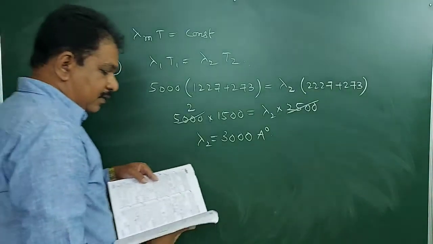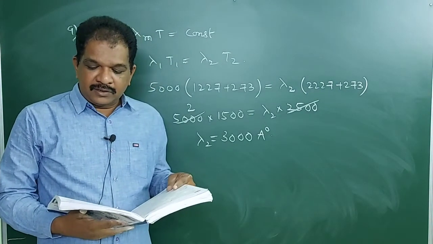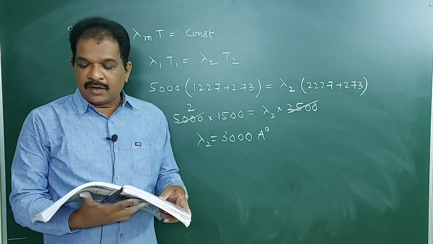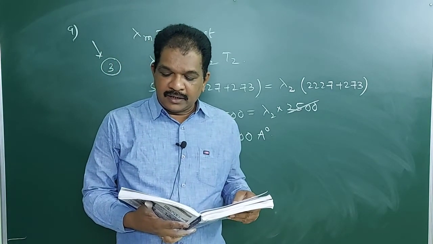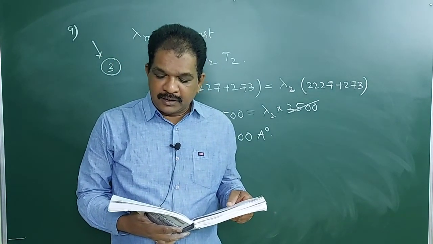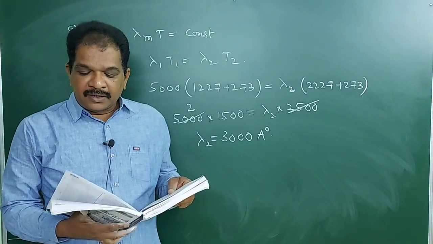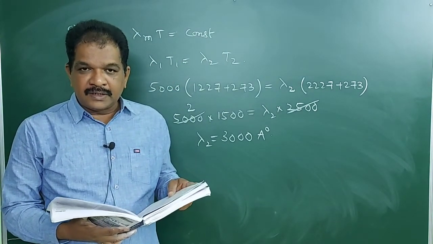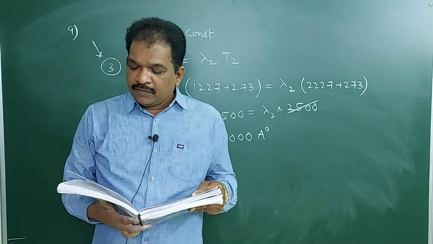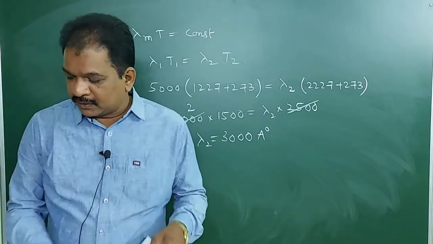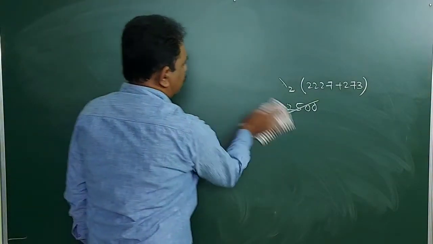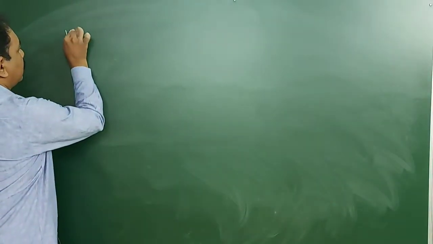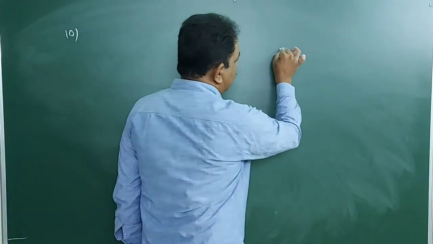We'll stop with this 10th. Assuming the sun to have a spherical outer surface of radius r, radiating like a black body at a temperature T degrees centigrade, the power received by the unit surface at a distance capital R from the center of the sun is. See, here sun is there.